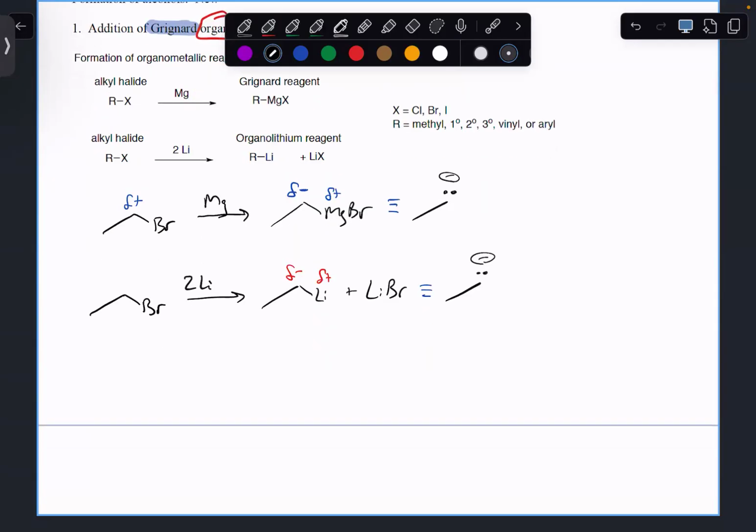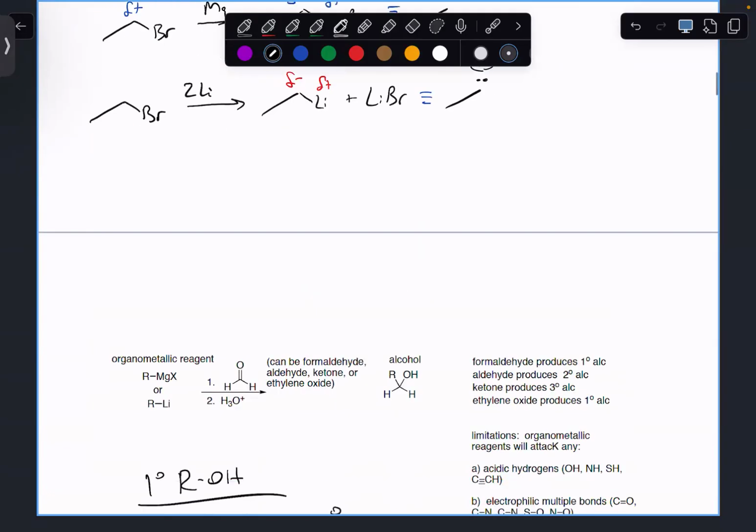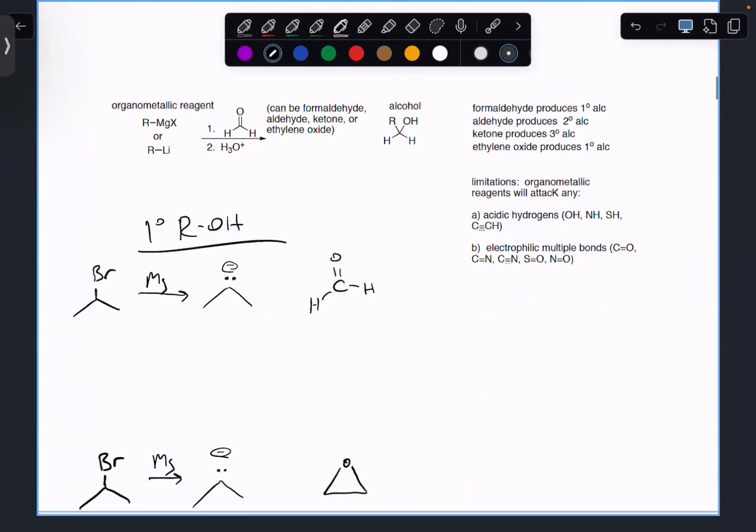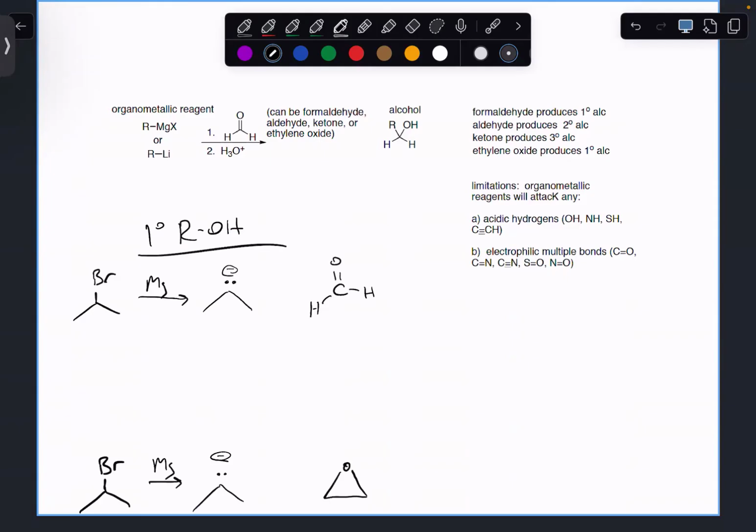But in any case, let's go ahead and see what this is going to look like. You can use the Grignard reaction or alkyllithium to make any type of alcohol you want. You can use the Grignard reaction to make primary alcohols, secondary alcohols, and tertiary alcohols.